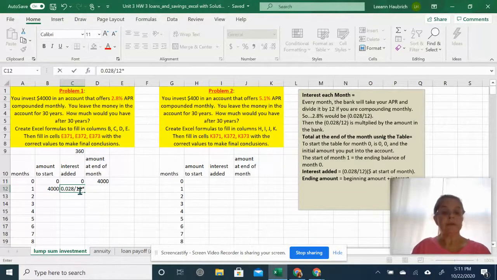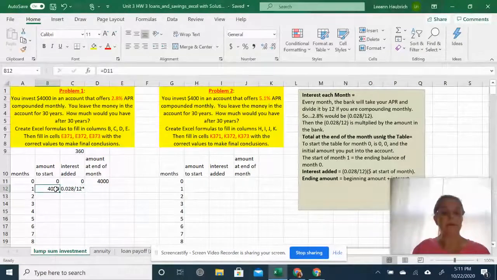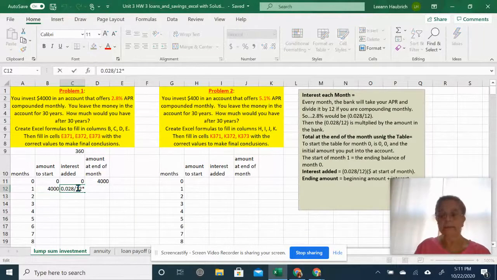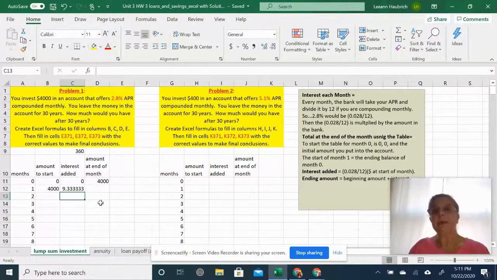So I'm just going to reference the cell before it, the 4,000, and hit enter. And I think I left the equal sign off. I did. So I do need to put the equal sign in the front, multiplied by the $4,000, hit enter. So we make about $9.33 interest in the first month.